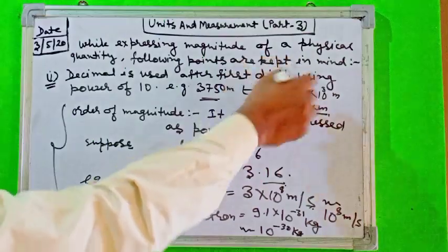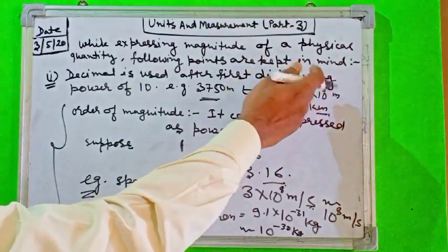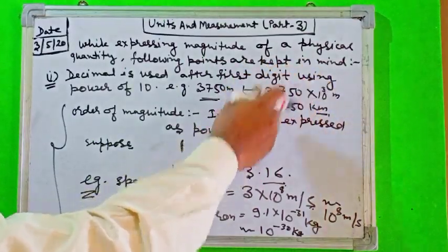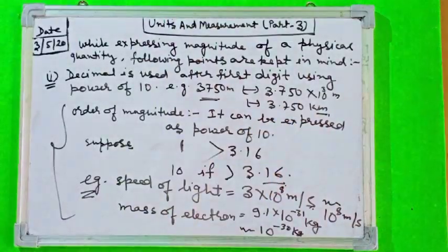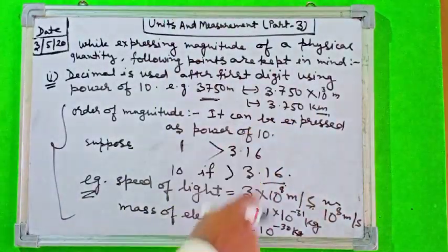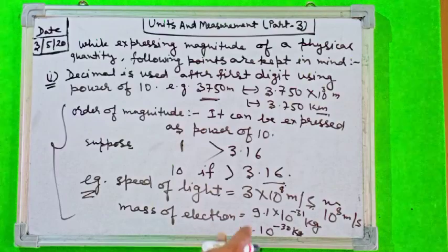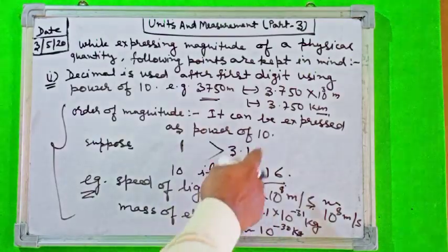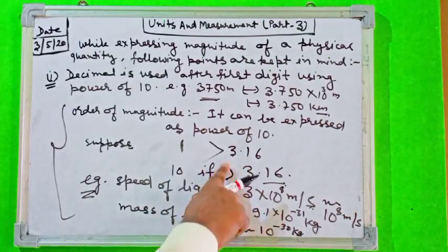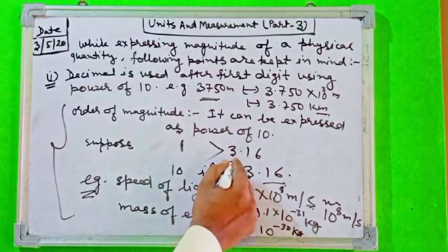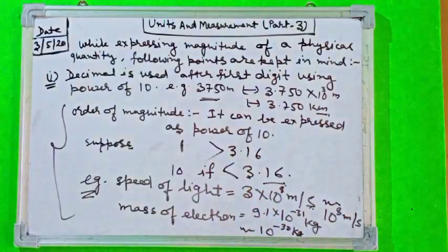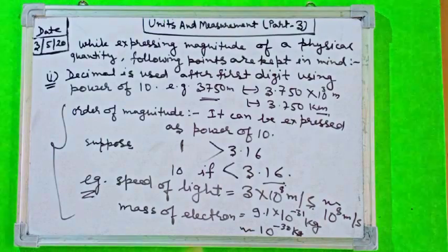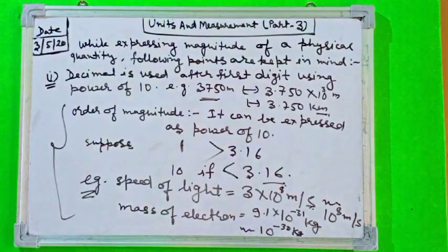And if the numeral before the power of 10 is greater than 3.16, then it is considered as 10, and if it is less than 3.16, then it is written as 1. I think it is clear to all.